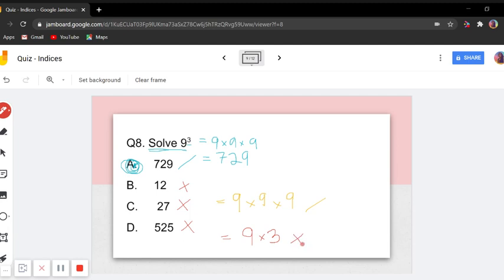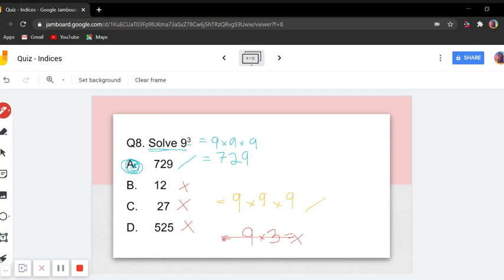This is wrong. This is incorrect. Just because 9 is multiplied 3 times, don't put in calculator like this. It will give you a different answer. So when the question asks you 9 multiplied by 9 multiplied by 9, you should literally type in calculator the same as the question like this. Alright?